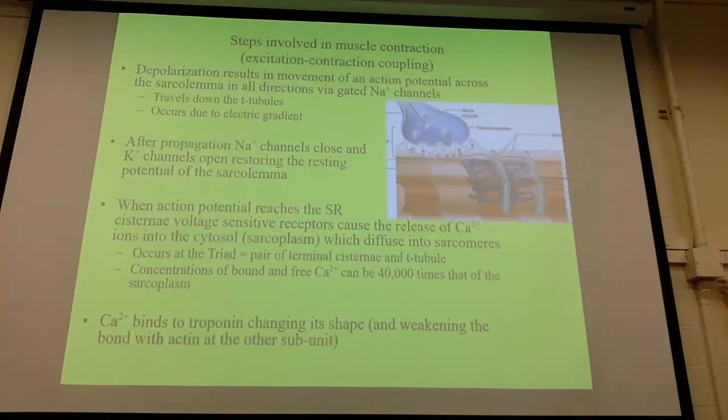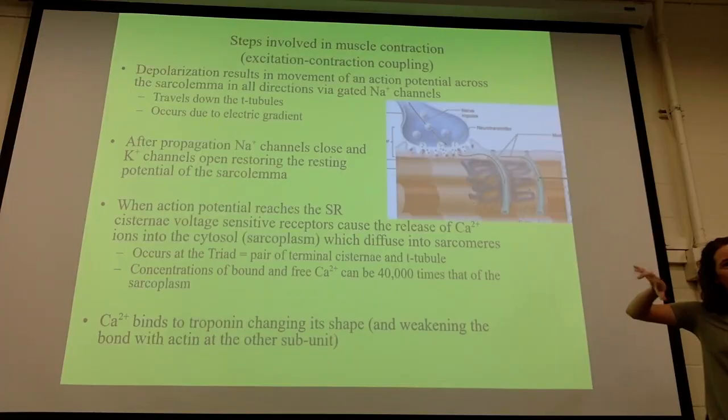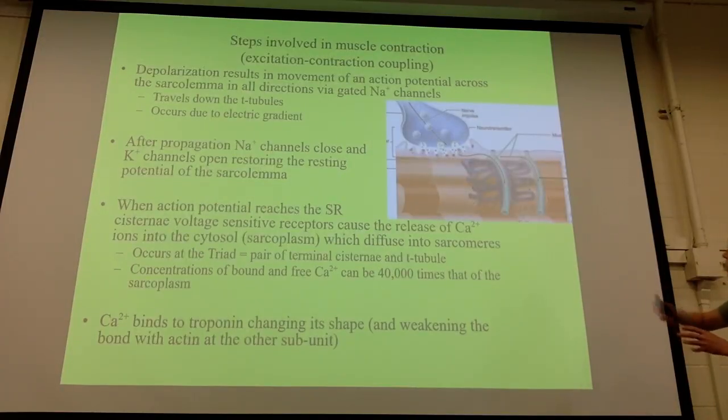Next step, when action potential reaches the SR, the sarcoplasmic reticulum. On Tuesday, when we looked at the SR, this was that lacy blue wrapping around the myofibrils.